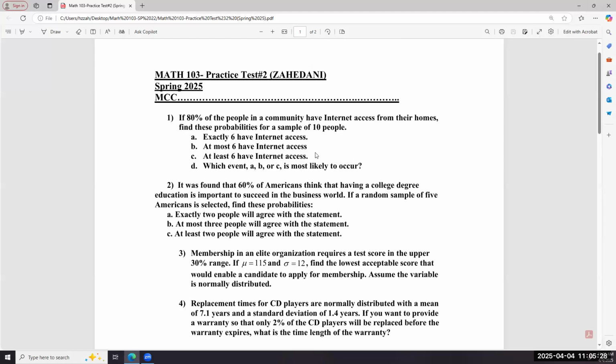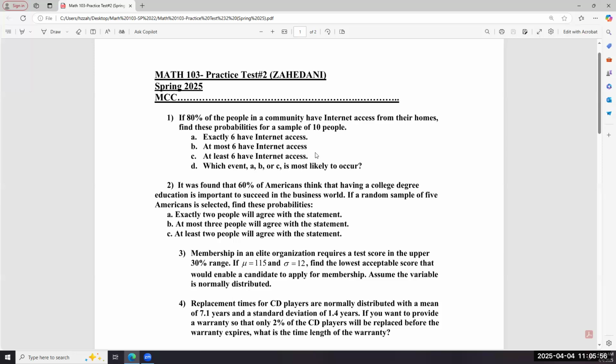In the case of the binomial distribution, we are looking at a probability experiment in which you are going to have only 2 outcomes. These outcomes are referred to as a success and a failure. The probability of success is denoted by P. The probability of failure is denoted by Q. And there is going to be a sample size, which we call N.